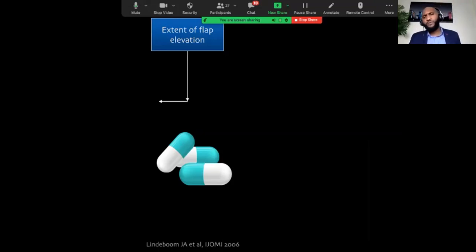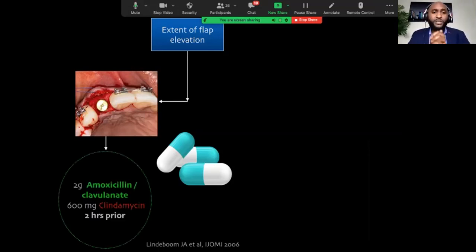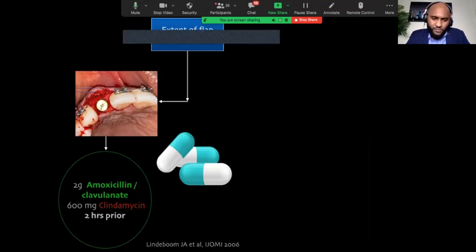So, for a small flap like that, evidence shows that you can prescribe amoxiclav 2 hours prior to surgery, and you should be fine. The outcome will be good, and there is minimal risk of an infection in that site.